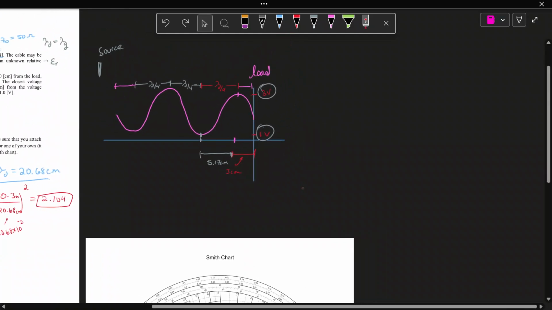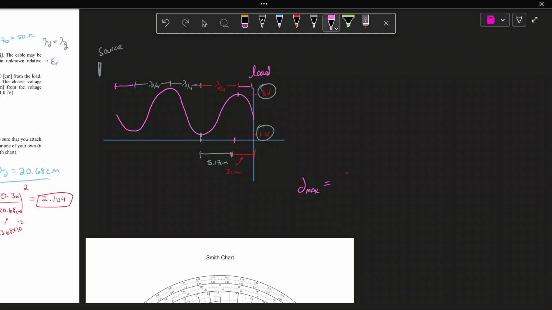The way you would do this is the distance from the max voltage, and of course this is in wavelengths, by the way. This is the distance from the max voltage point in centimeters, which is 3 centimeters, divided by the entire wavelength, which, what did we have? 20.68 centimeters.